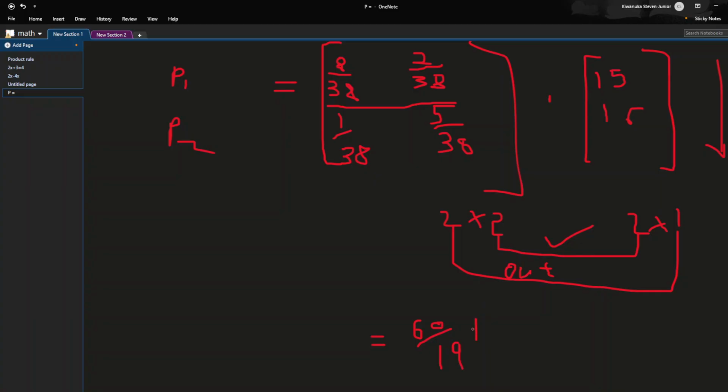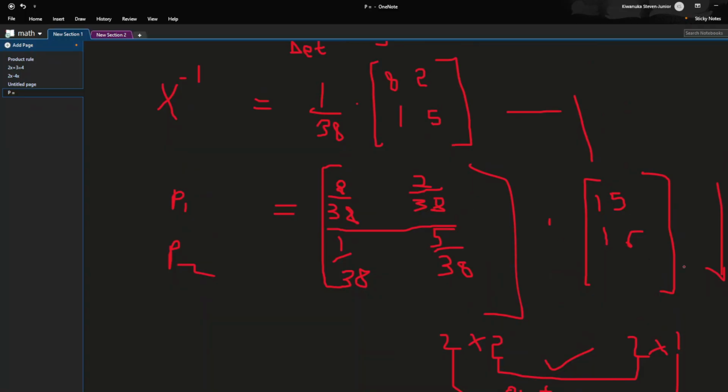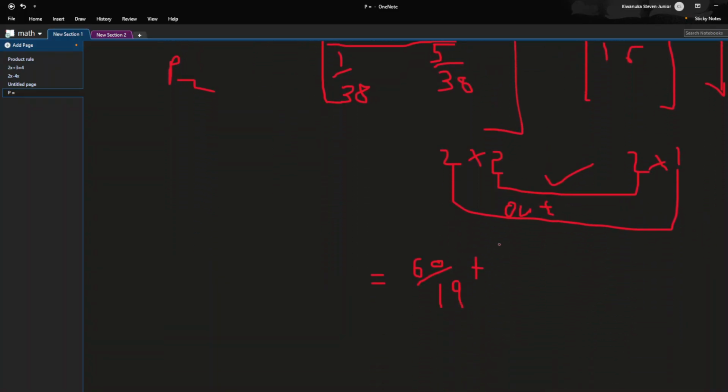Then plus, because we need a 2 by 1 that will be P1 and P2, this times this, plus 2 out of 38 times 16, and we get 16 out of 19.